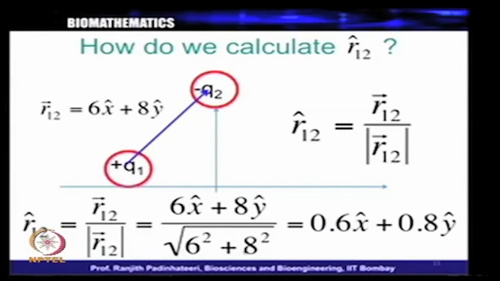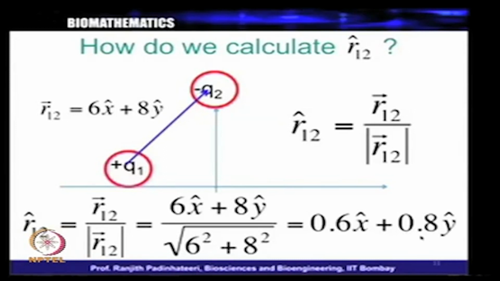So the denominator is 10. 6/10 is 0.6, 8/10 is 0.8. So r12 cap, or r12 hat, is nothing but 0.6 x plus 0.8 y.